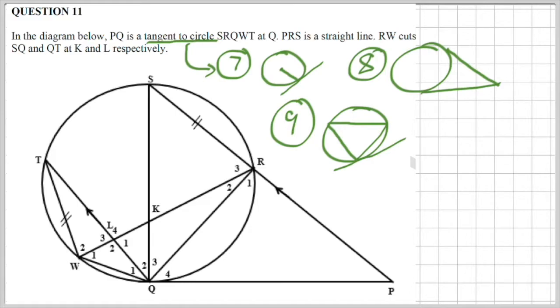I know that I'm not going to be able to use Theorem 7, because I don't have a radius, and I don't have two tangents, so I can't use Theorem 8. It's a little bit sad for me that we haven't been able to use Theorem 8 at all in this question paper, but it doesn't mean it's never going to be there.